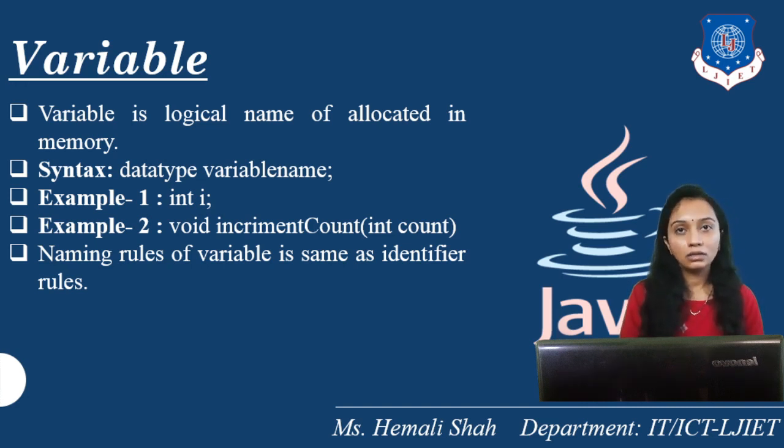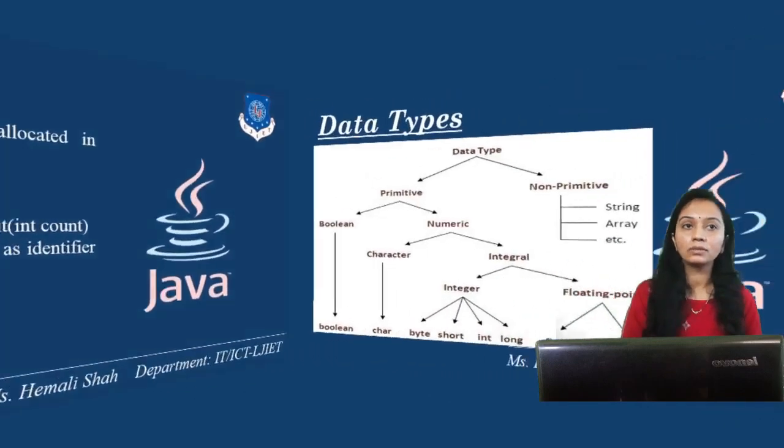You can use digits also, but you have to start your variable name with a character. You cannot use a digit as the first character of an identifier. You cannot use keywords as a variable name. So the rules for a variable are the same as the identifier rules.